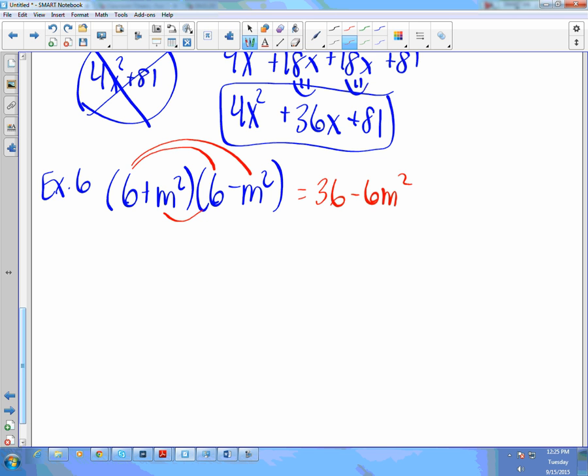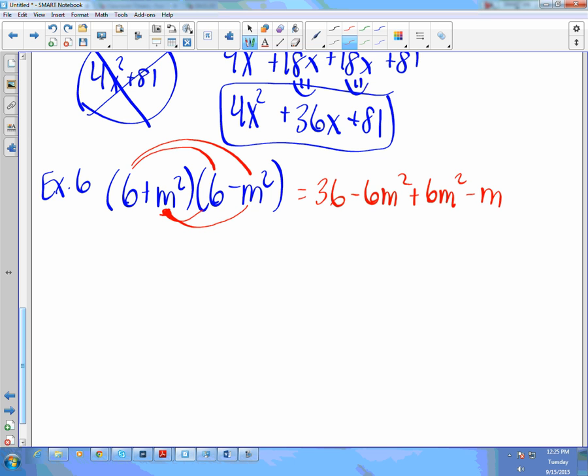Good, what's that? So positive 6m squared. And last step. Okay. What's the last thing? Negative m squared, so we have to multiply. m squared times m squared is m to the 4th, right?